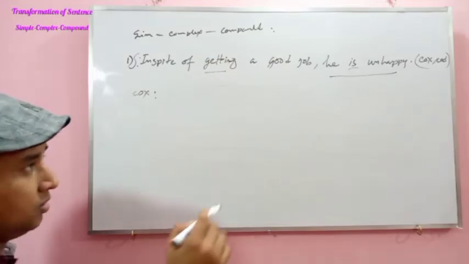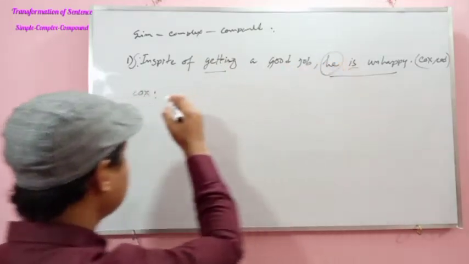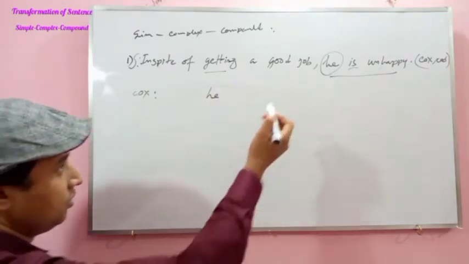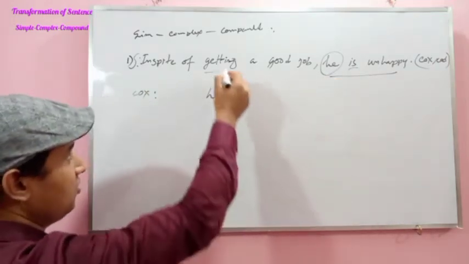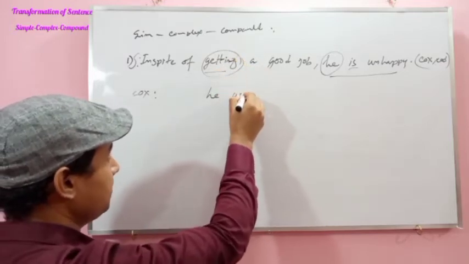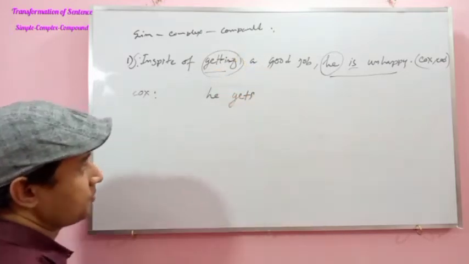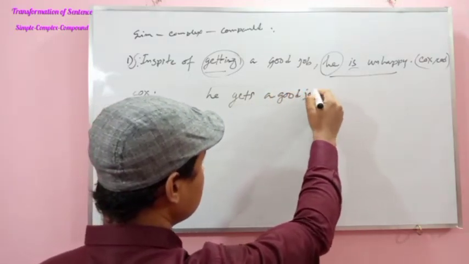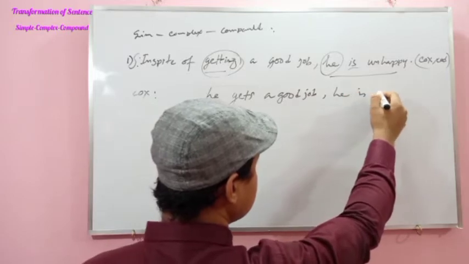You need a subject. This is the subject. You will give this subject. Then you will give the finite verb. This verb is changed into finite, that means gets, then a good job, then the other is unhappy.